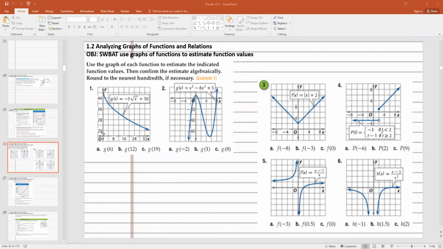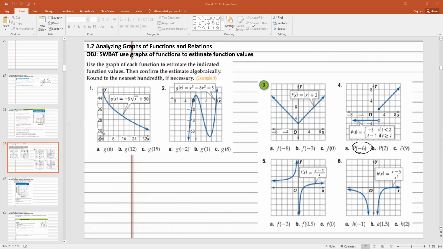And remember, number four is a piecewise function. So determine which piece of the function you want to use. For p of -6, -6 is less than 2, so you'd use this one. For p of 2, it's greater than or equal to 2, so you'd use that t minus 1.